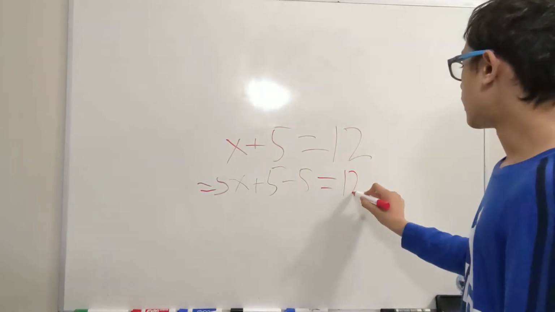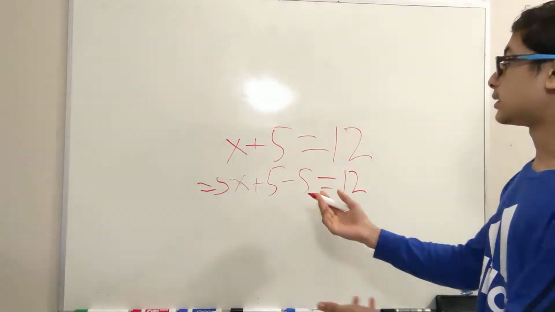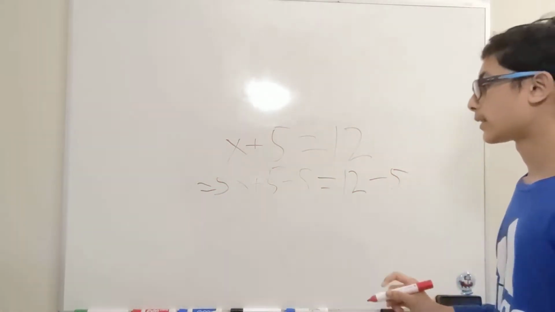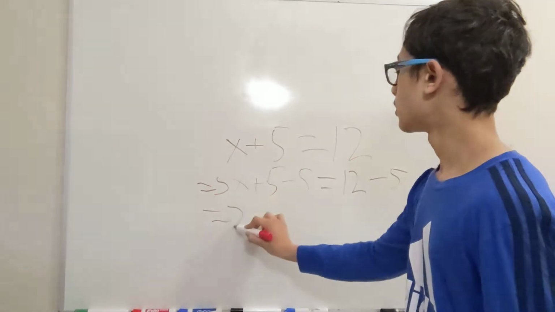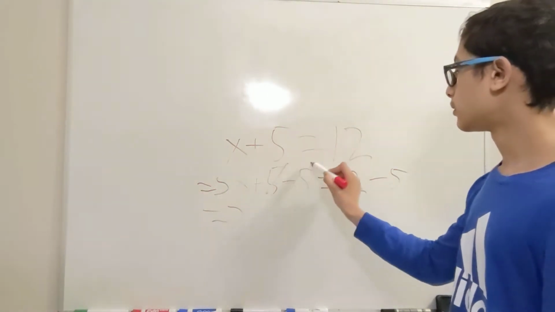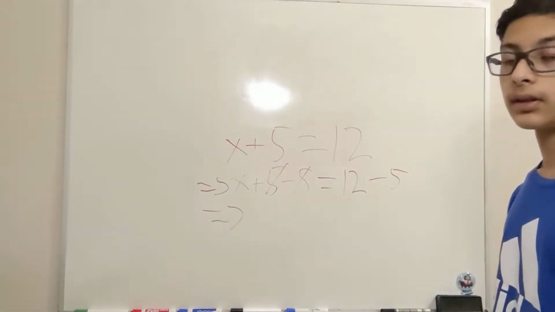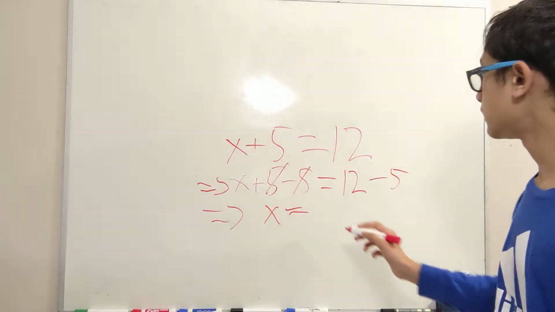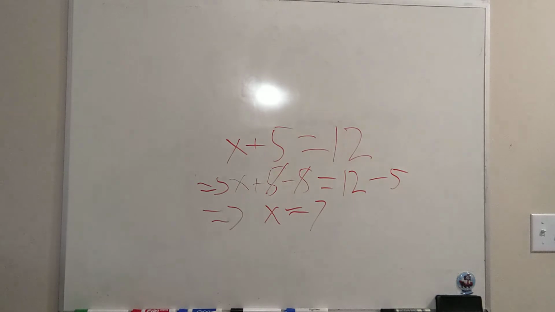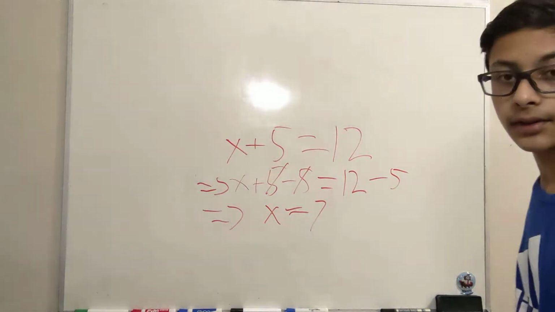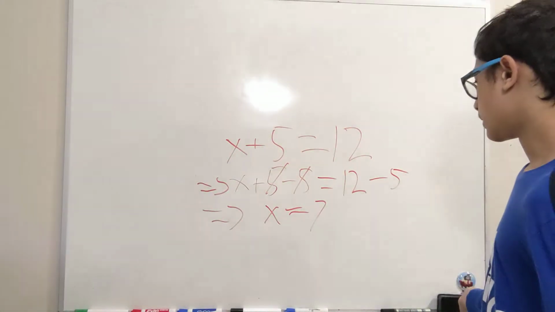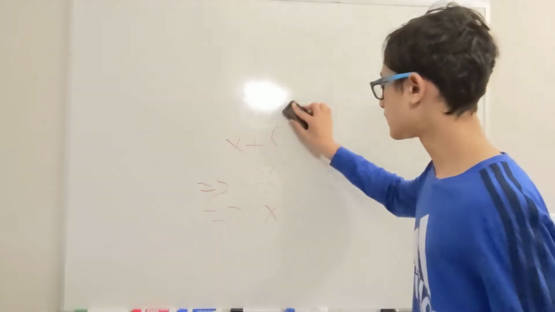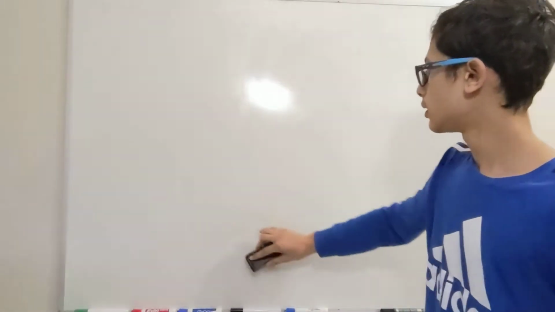Equals 17. Then we have to subtract 5 from this side as well. These two cancel out, so we can cross those out. x equals 17 minus 5, which is 12. So again, we figured out x. And that is how you solve very simple linear equations.